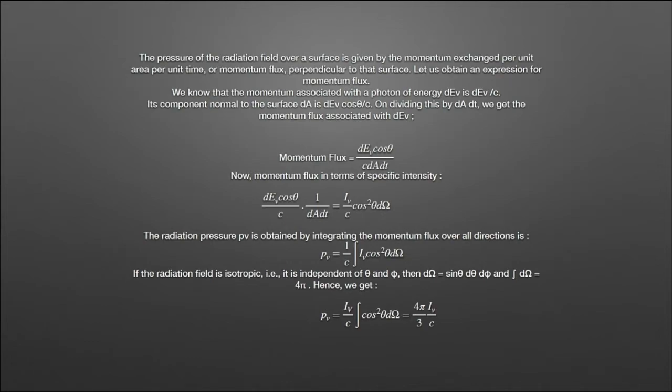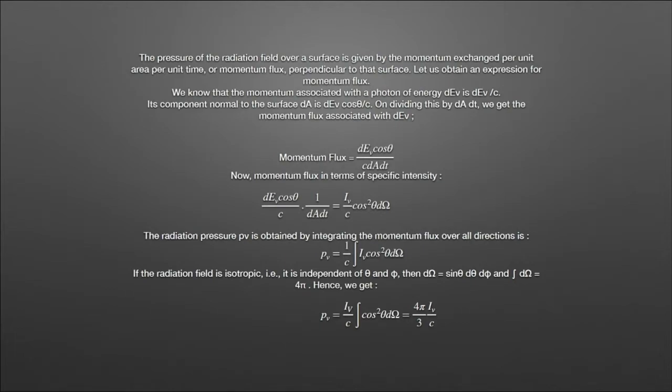From this we can derive the radiation pressure P_ν, given by integrating the momentum flux over all directions. If the radiation field is isotropic, it does not change, so it is independent of θ and φ.